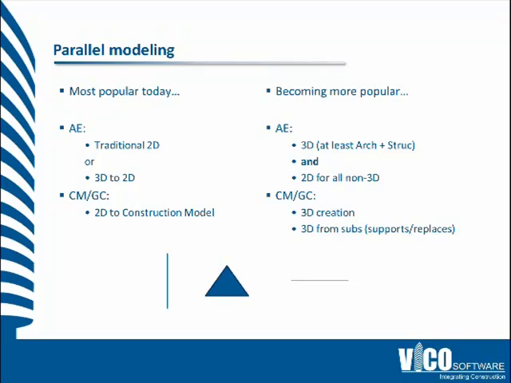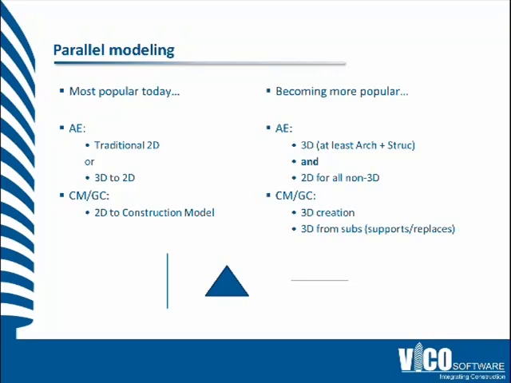But what's becoming more and more popular is that everybody would love to use a model that has been created already. So if the A&E teams are being a lot more progressive and adopting BIM and creating at least the architecture and structure from an early phase, then creating whatever 2D data that they need in the 2D and not actually necessarily creating 3D elements for all representation in the 2D documents.